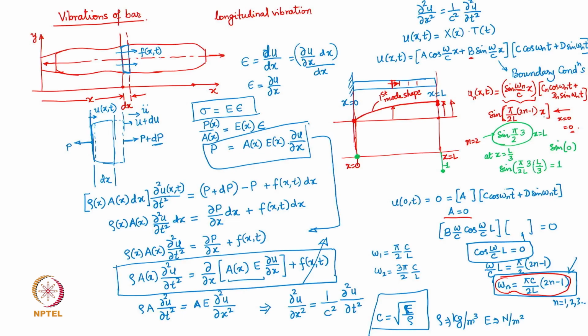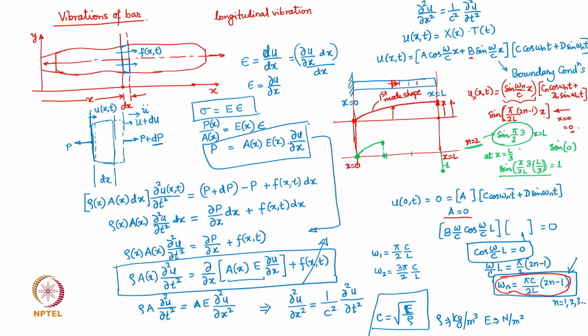Okay, so x is replaced by L by 3, and because we are talking about the second mode, n is still equal to 2, right? So this function, the mode shape, will take a value of plus 1 at L by 3 position. So if you divide this into 3 equal parts, this is my L by 3. At L by 3, the value of this sine function is going to be 1, right?